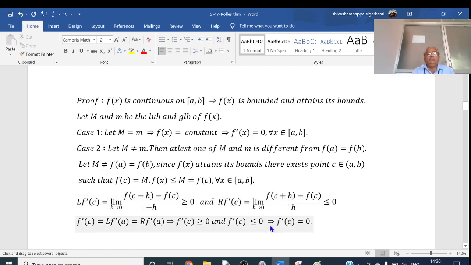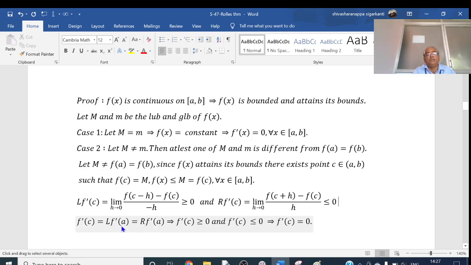So here, given that the function is differentiable in the open interval (a, b), and c belongs to the open interval (a, b), therefore f dash of c must exist. f dash of c exists means the left hand derivative must be equal to the right hand derivative. So f dash of c is equal to L f dash of c, which is equal to R f dash of c.